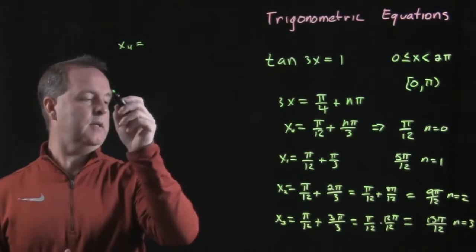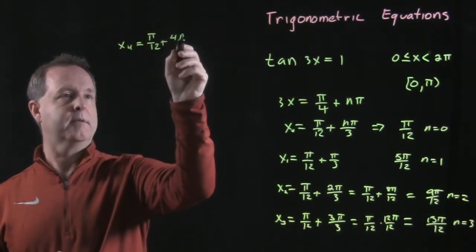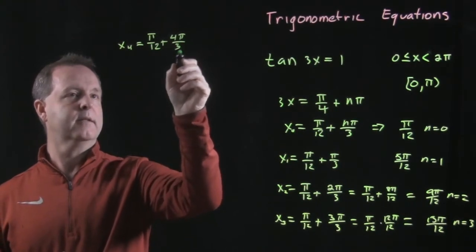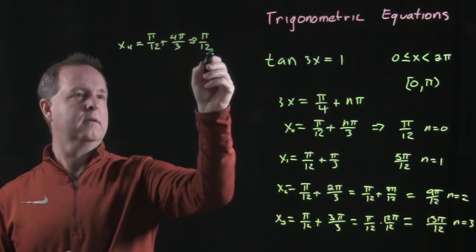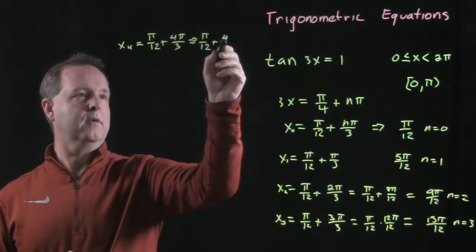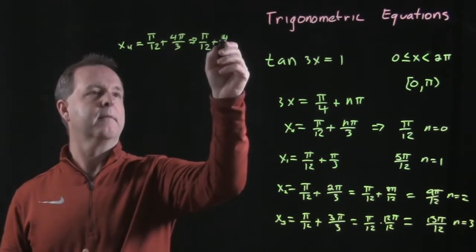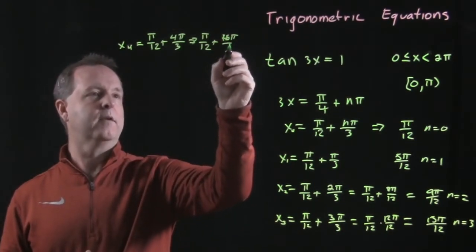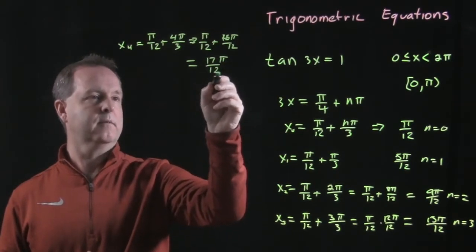My fourth x is pi twelfths plus 4 times pi over 3, the same thing as pi twelfths plus 16 pi over 12. That equals 17 pi twelfths.